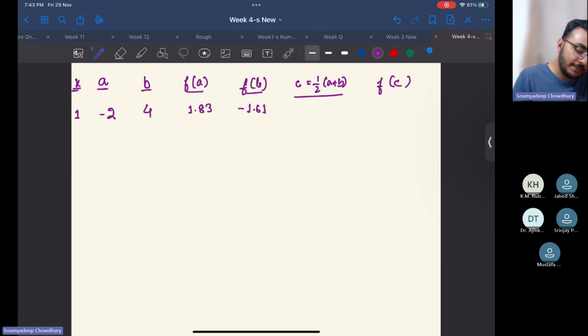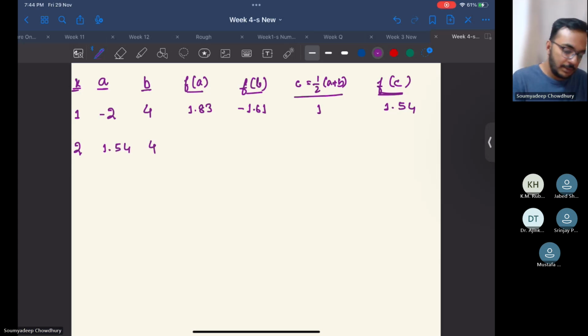C is half of A plus B, that is the midpoint of A and B, that is 1. Then we have to find f of C, which is f of 1. Again, it is 1.54. So in the second step, since f of C is greater than 0 here, we'll change the lower limit. So it is between 1 and 4. Then f of A is f of 1.